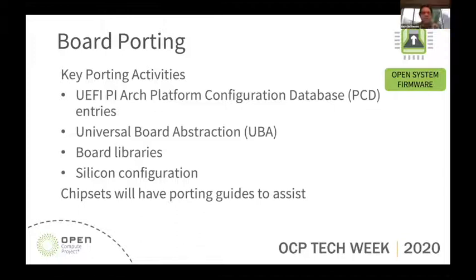Okay, so to create your own board port for MinPlatform, there's really a very small number of things that you need to adjust. Perhaps the most important is the platform configuration database, PCD. So this serves roughly the same purpose as the FSP UPDs do in API mode.